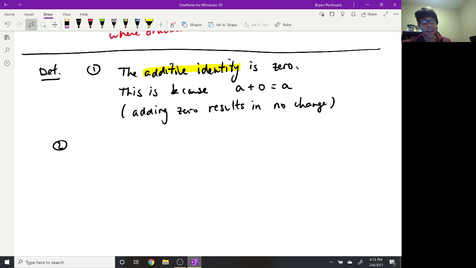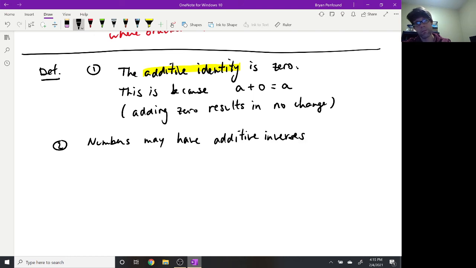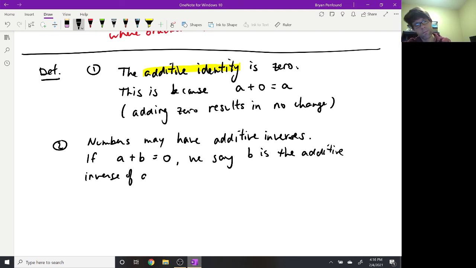And the other one is what we call numerical inverses. Okay, and what we're trying to define here is what we call an additive inverse.